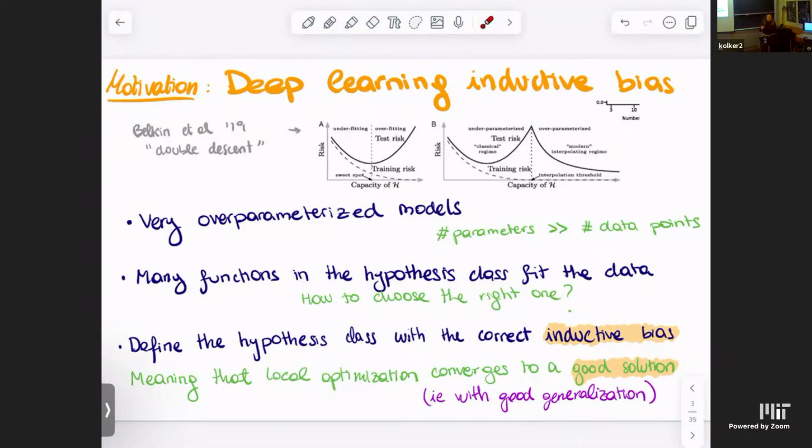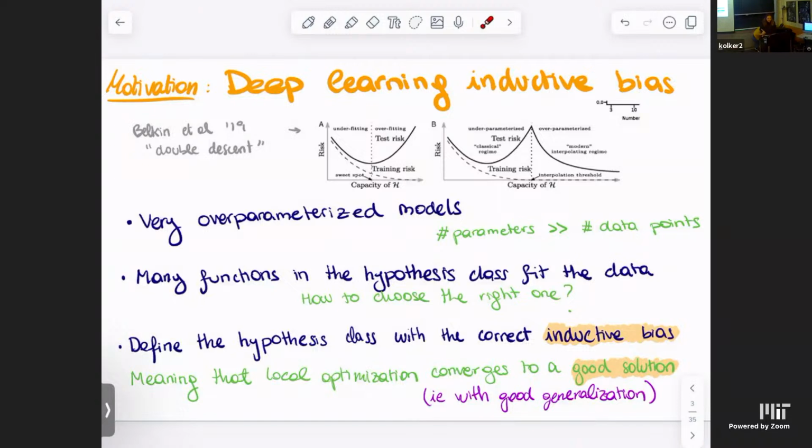In machine learning, there is a notion of inductive bias, which is what are the design principles that make the models work. There is also the double descent phenomenon, which tells you that under some circumstances you can have over-parameterized models and still perform well outside your training set.